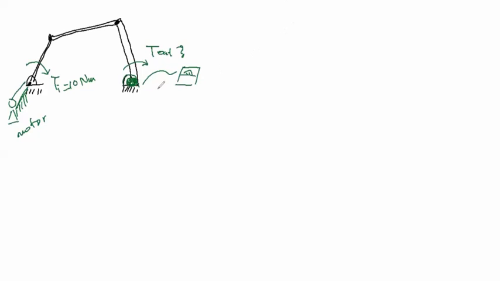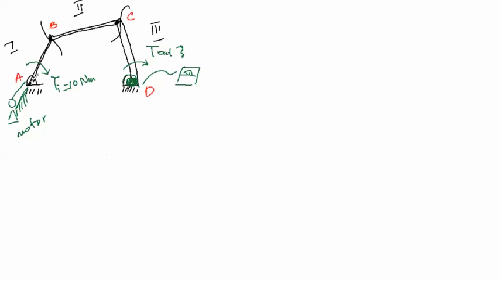The way we are solving this, we have to divide this into 3 rigid bodies separately. Let's call this rigid body 1, rigid body 2, and rigid body 3. And again, we can call this point A, here is point B, here is point C, and here is point D. Right?